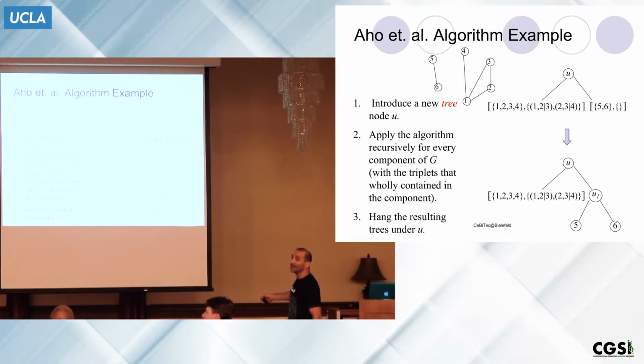So you only include those triplets that are wholly contained? Exactly, as I said, wholly contained in the component. But those triplets that you asked for are exactly the ones that gave me this partition. Can you show the previous slide again?